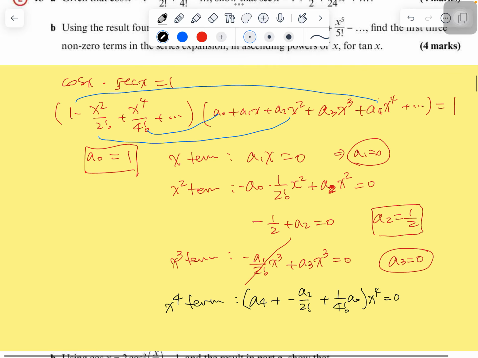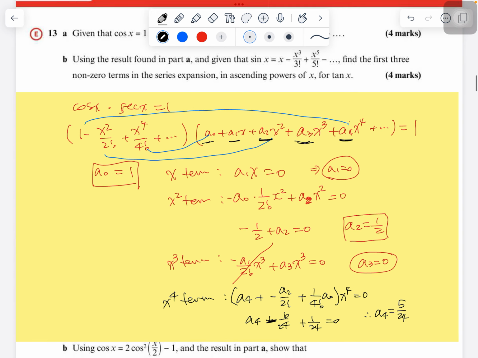Now a4 we don't know. a2 is 1 over 2, so negative 1 over 4 plus 1 over 24 plus a4 becomes 0. Therefore a4 is 5 over 24. So now we know a4, a3, a2, a1, a0.